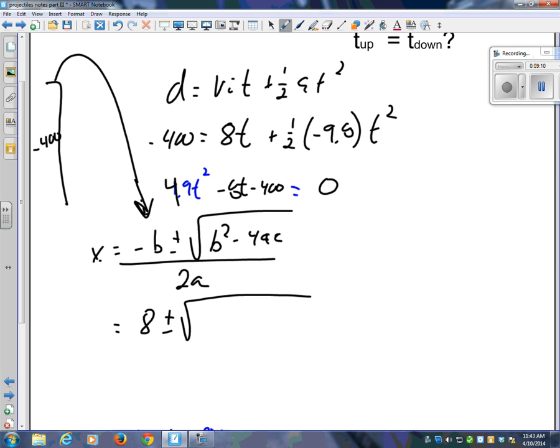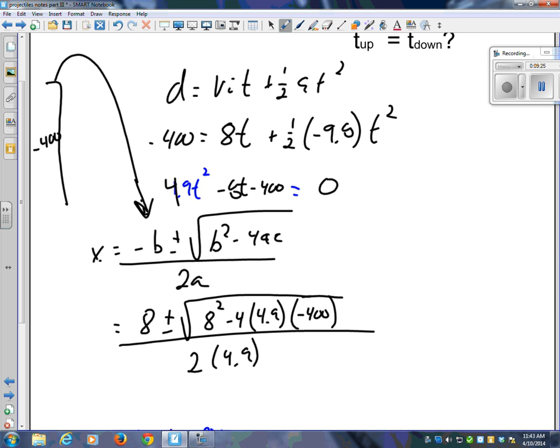Okay, so it's going to be minus b, so minus a minus 8 is 8, plus or minus the square root of b squared, which is 8 squared, minus 4, a is 4.9, c is negative 400, and it's all over 2 times 4.9.